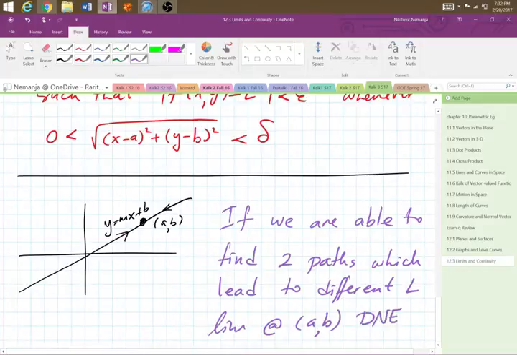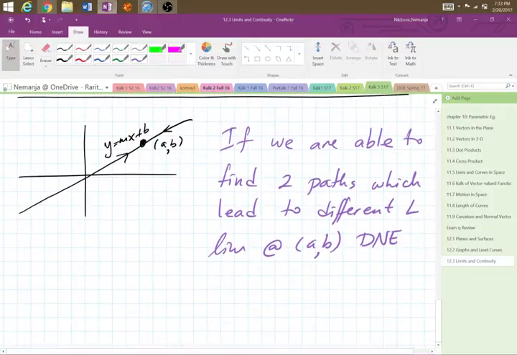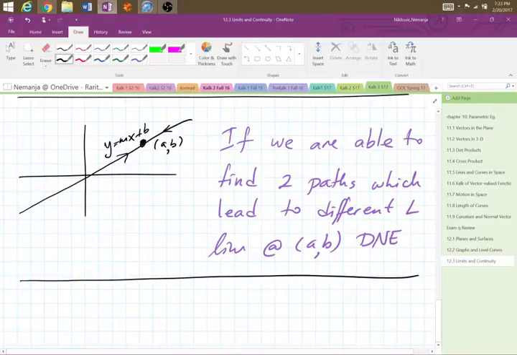So that's the flip side of the theorem from Calc 1. And let's take a look at some of those.